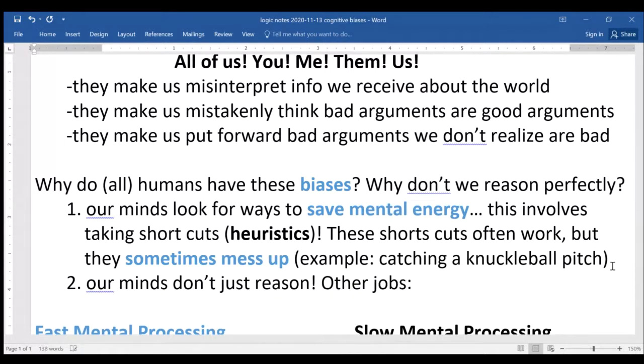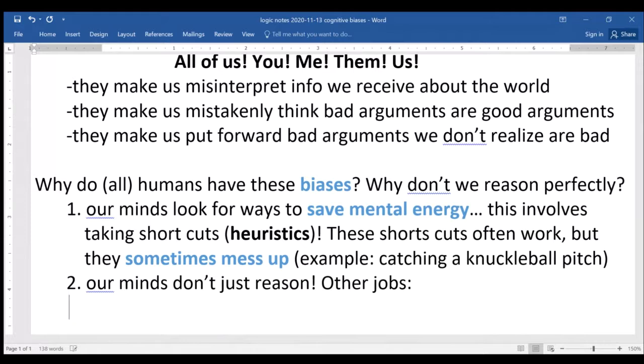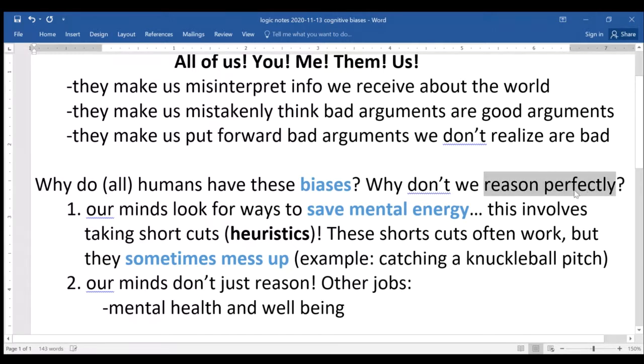The other jobs of a mind would be to do stuff like take care of our mental health. And to the extent that our minds care about our happiness, our well-being, our minds might actually trick us into reasoning imperfectly.